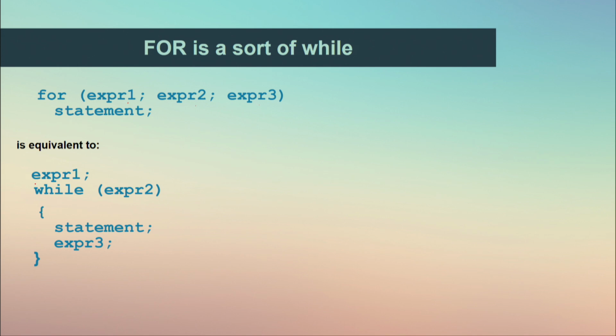Here the initialization part will be given outside the while loop, then the condition or the expression 2 will be checked with the while loop, and if the condition is true, it goes ahead with the statement execution. Then the third expression, that is increment or decrement part, will be there within the while loop. So, a for loop is also a sort of while loop.